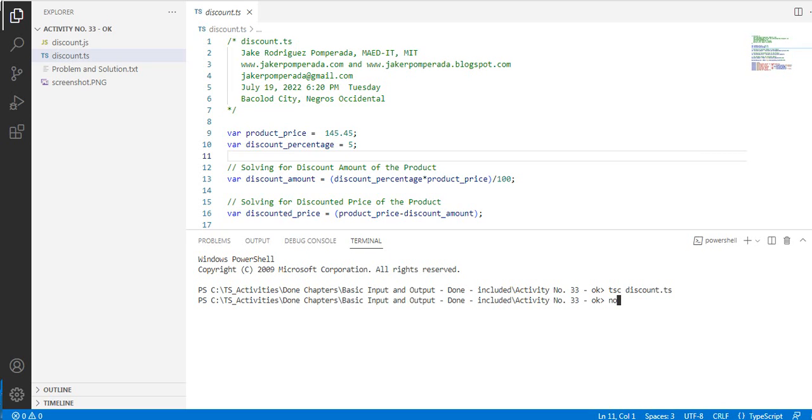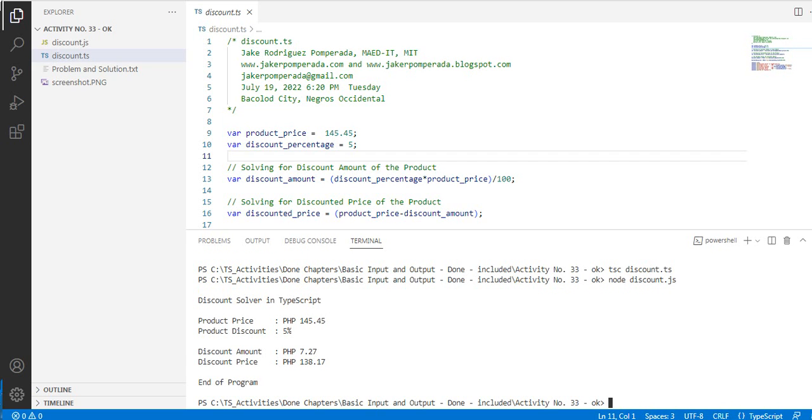Okay, to run: node discount.js. So we have here Discount Solver in TypeScript, product price 145.45 pesos, discount 5%, discount amount is 7.2727, discount price will be 138.17 in the program.